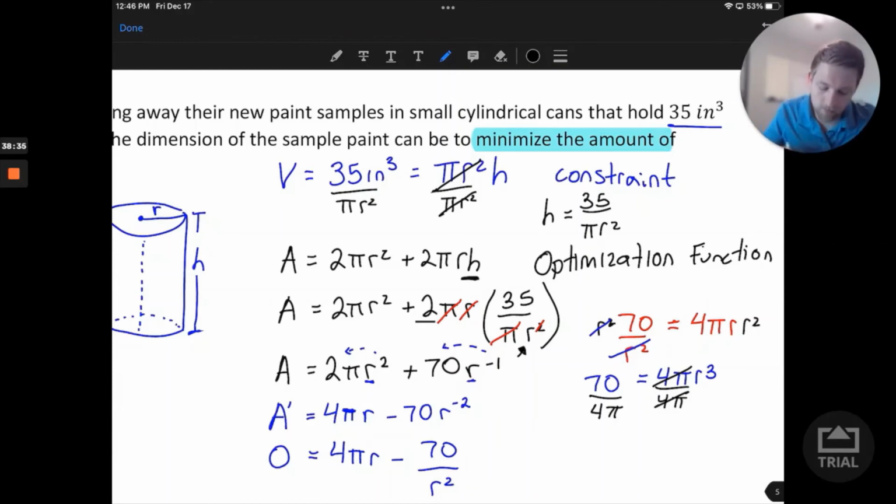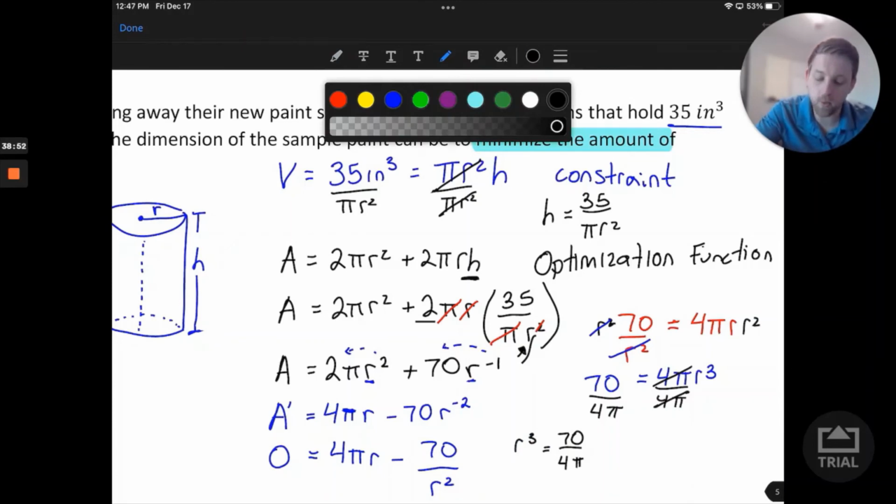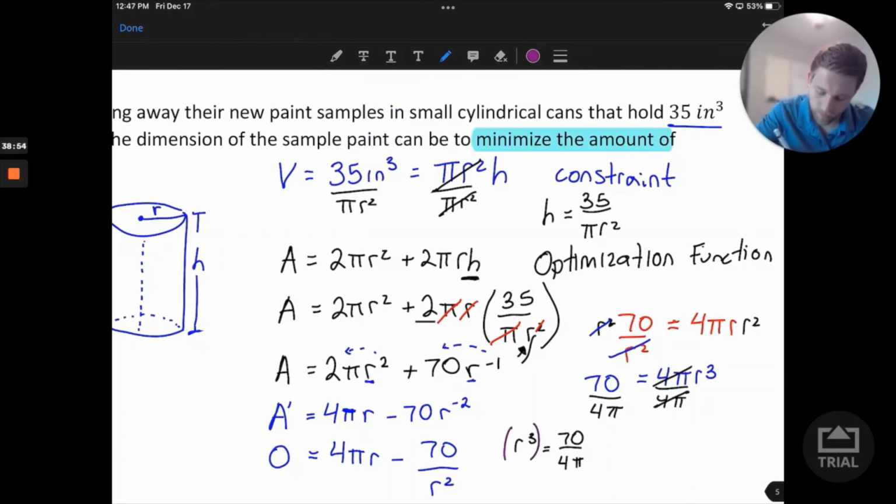If we go ahead and think about taking a cube root, let's maybe write this one more time and I'll show the cube root. We have r cubed on the left, 70 divided by 4 pi. We take a cube root of both sides. Again, that's the same as the 1/3 power. I'll just represent it like that, because that's likely how you'll put it into your calculator. So raised to the 1/3 power, just like that.